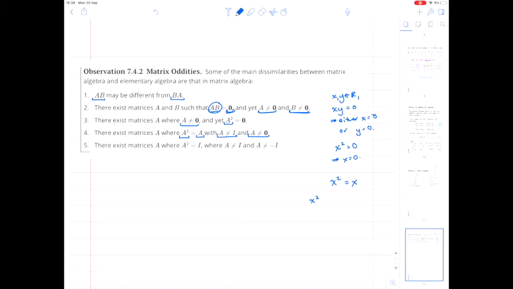We'd say x squared minus x is equal to 0, so we can take out a common x. So either x is equal to 0 or x is equal to 1. Those are the only two options. But I challenge you to find some examples of matrices A where the square of the matrix is equal to the original matrix, but it's not equal to the identity or the 0 matrix.